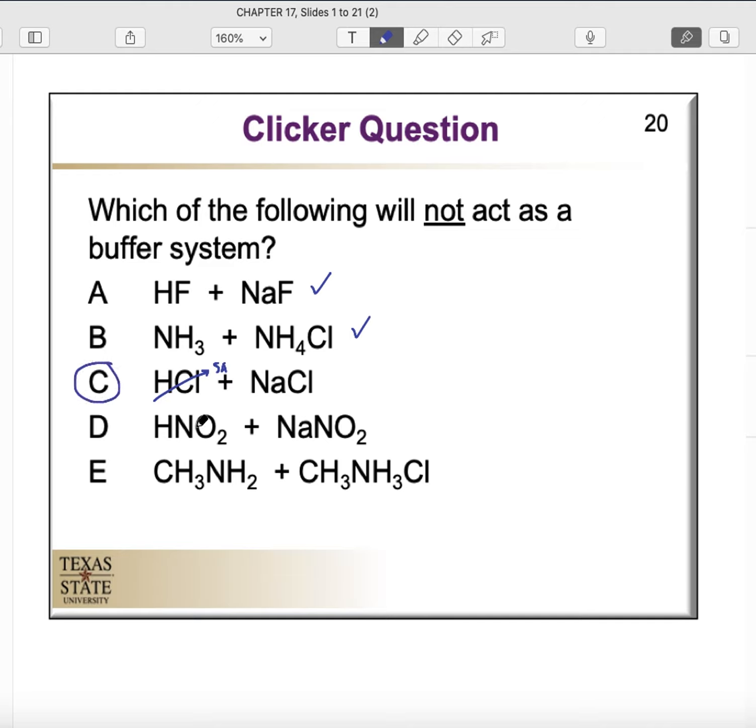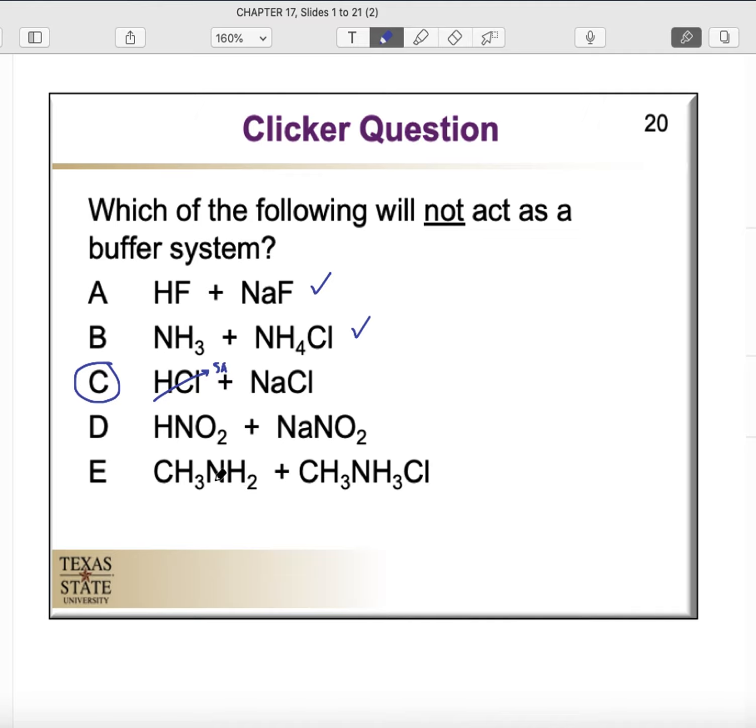And just to make sure, for the next two: this one is nitrous acid, which is a weak acid, with its conjugate, the nitrite ion, in the form of a salt. And then finally, CH3NH2 is a weak base that is structurally very similar to ammonia, but where we have replaced one of the hydrogens with a methyl group. Remember that we have already talked several times about this kind of nitrogen base.